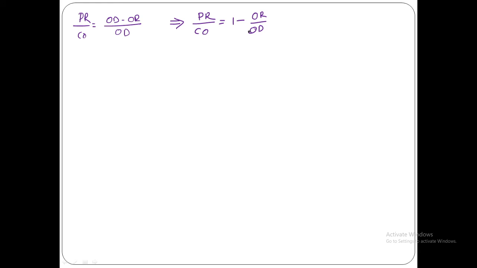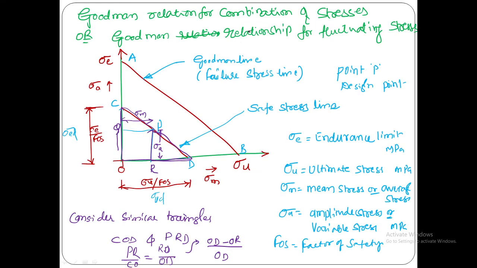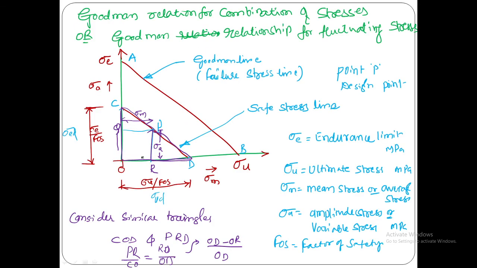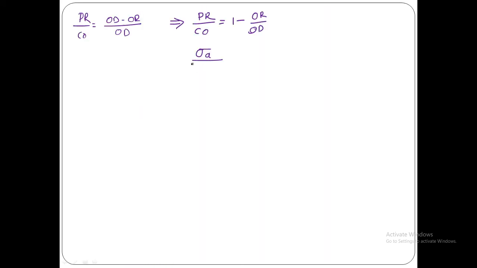Now look out, PR equals sigma A. So sigma A divided by CO, where CO equals sigma E divided by FOS.